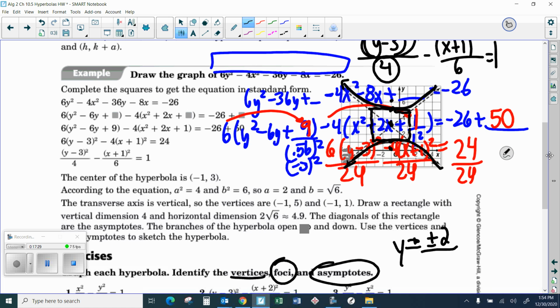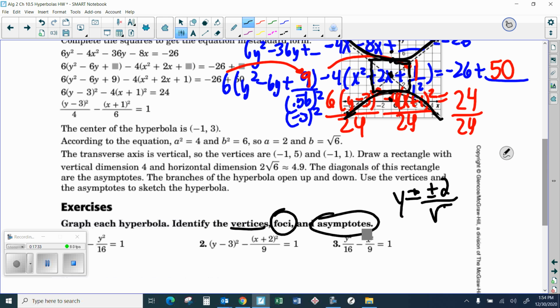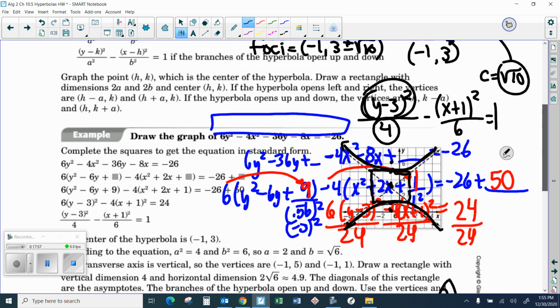Underneath the x was 6, that's the square root of 6. And that's what it'd be, times x. My equations are y equals plus or minus 2 over the square root of 6 times x for the asymptotes. These ones will probably come out nicer down here when they ask for the slope of the asymptotes.